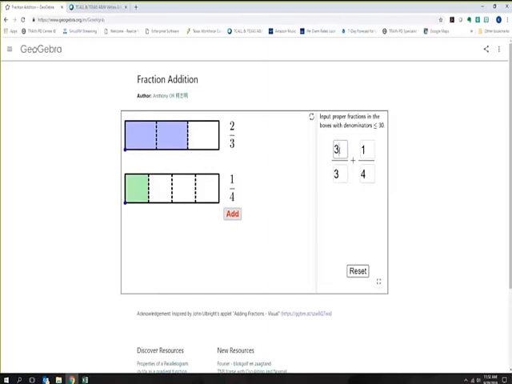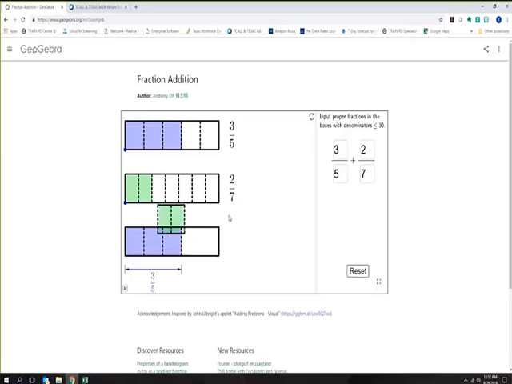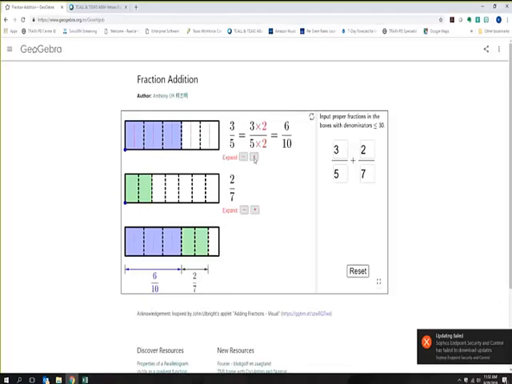Krista, real quick, Gareth has a question. Does it handle numbers greater than 1 in proper fractions? No, it says input proper fractions, so I don't think it'll do improper fractions. Okay. But, okay, this is a teachable moment because if you had a whiteboard or a presentation computer, they could see the teacher doing this just like you are, Krista.